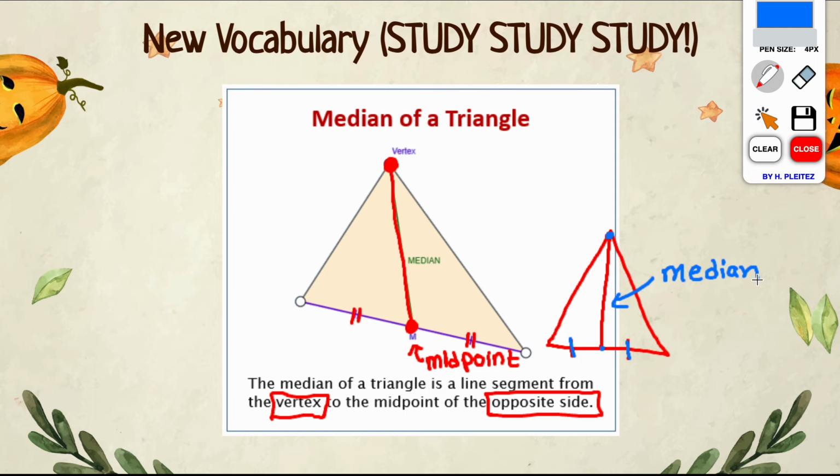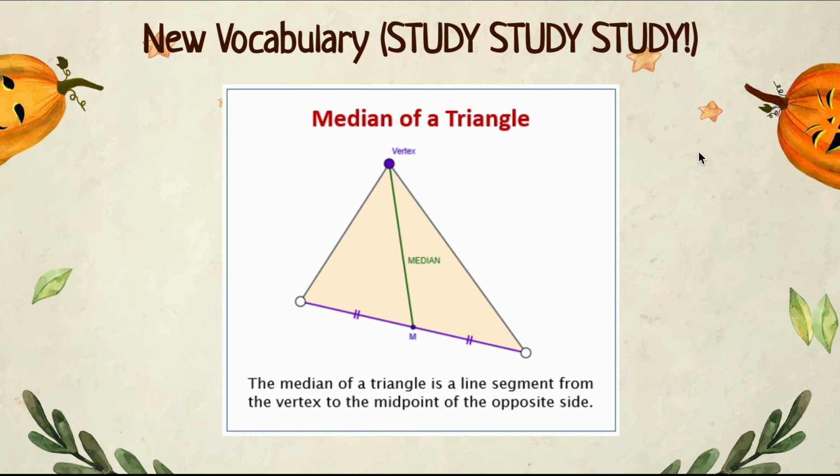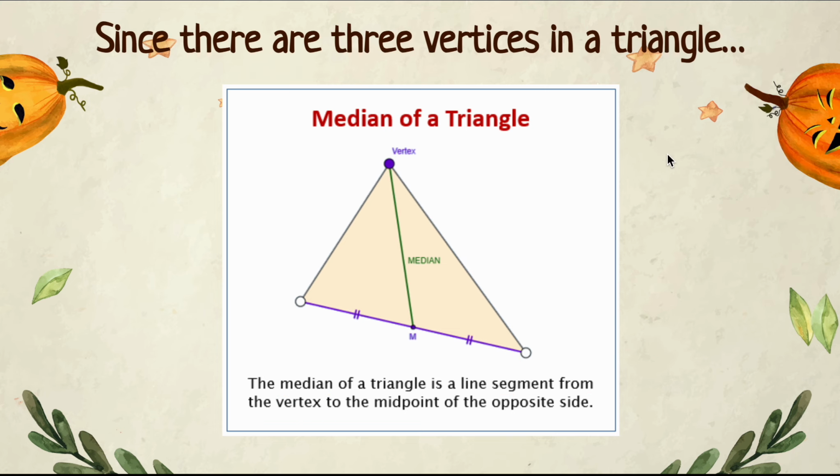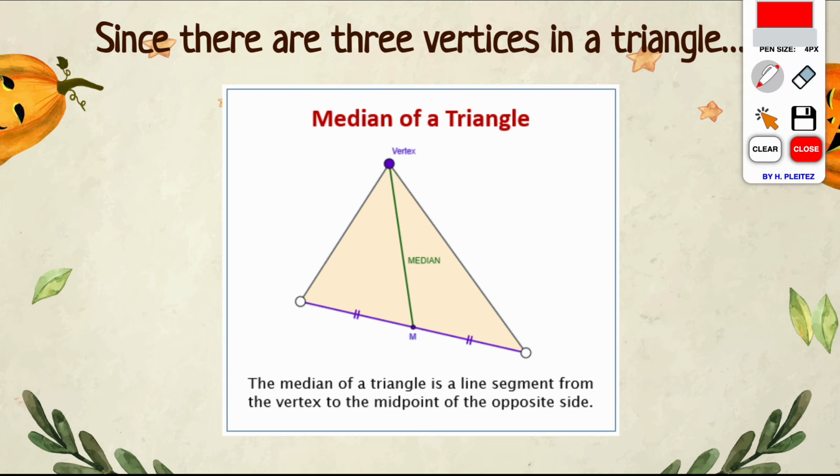Now, this is one simple example. Again, it's from the vertex to the midpoint of the opposite side. We've only accounted for one vertex so far. There are 3 vertices of a triangle. So getting into some more complex examples, one of them is already drawn for us, but we can also go from this vertex down to the opposite side at the midpoint.